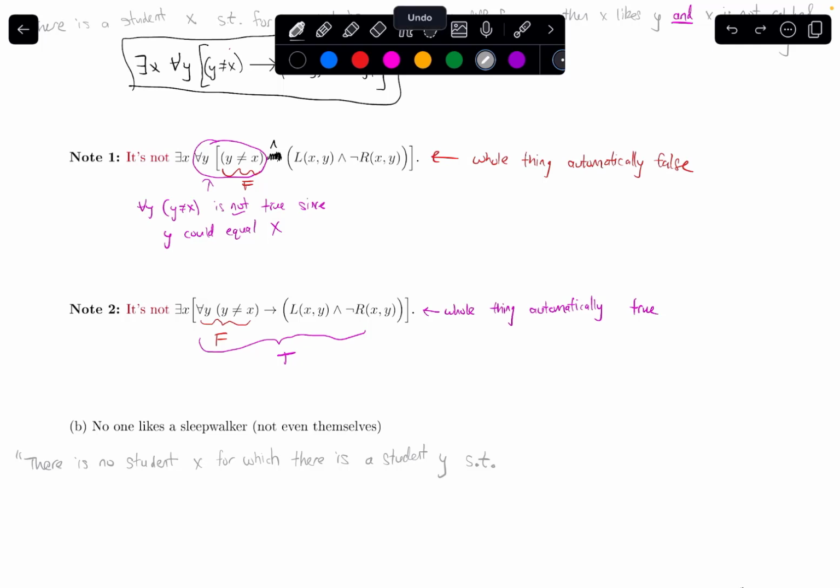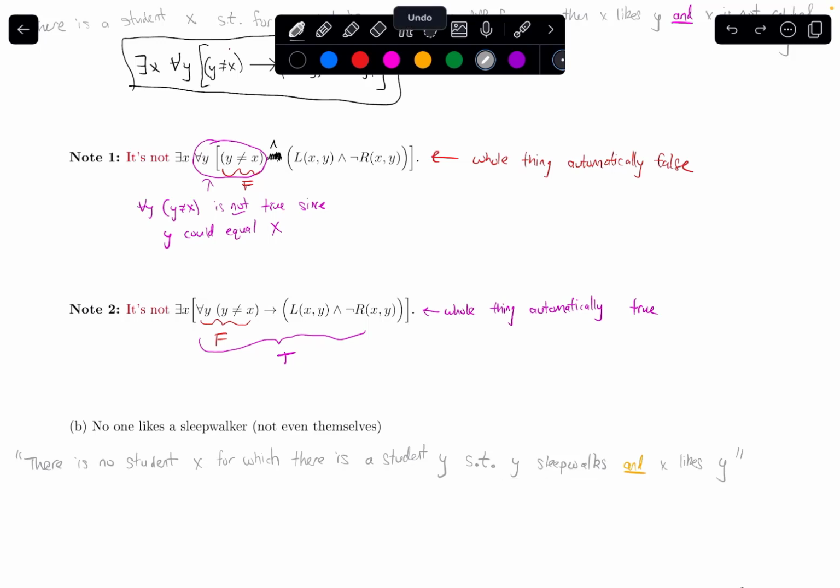Okay, so to assert y is a sleepwalker, I will say y sleepwalks. And then I have a connecting word, which is and x likes y. Okay, because I don't want that to happen. I said there's no student x where I want this to be happening, where y is going to sleepwalk and x likes y.